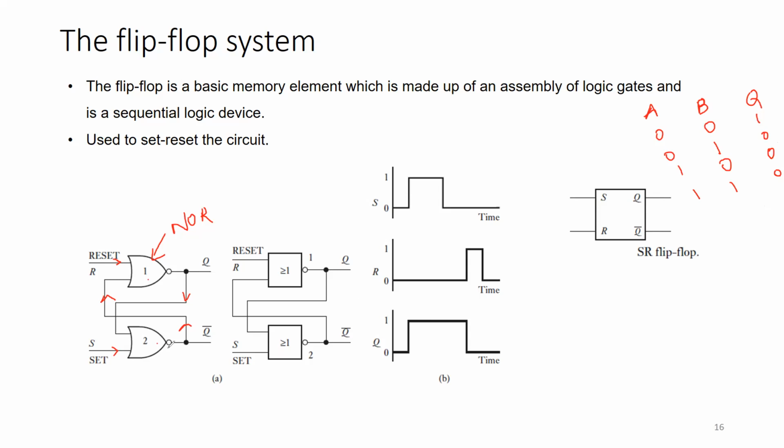So you are getting output from this when both are 0. That means when the machine is off, or you can say at the reset position, Q is 0.